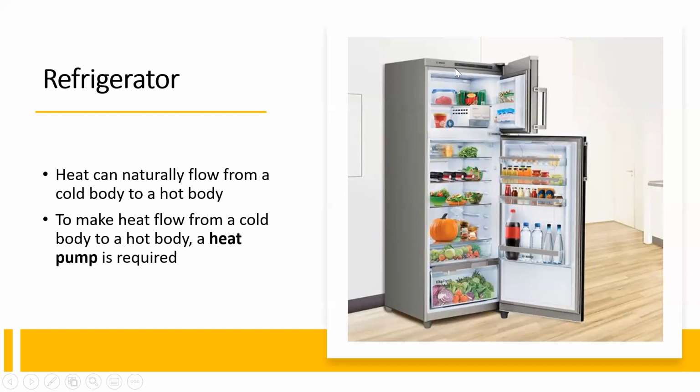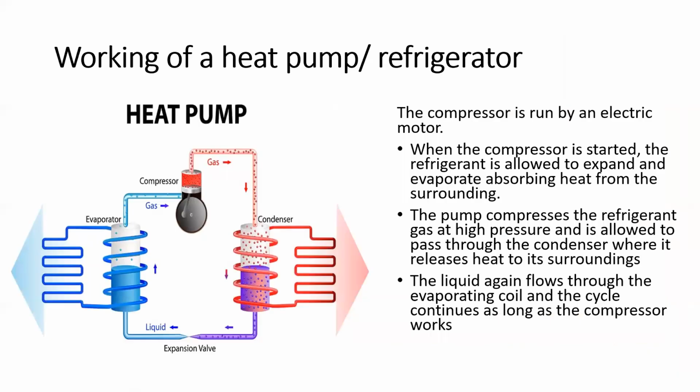This area will be cooler than its surroundings. Still, we will be taking the heat energy from it and giving it out to the hot region. So let us see how this device, the heat pump, which helps the refrigerator to work, functions. So let's see how a heat pump or a refrigerator works.